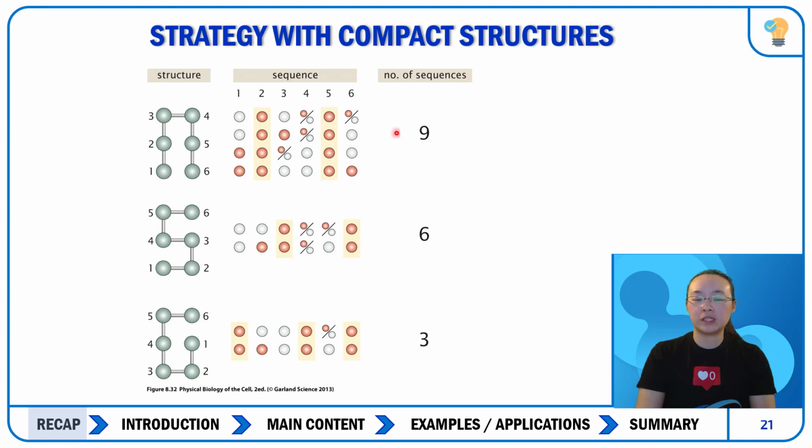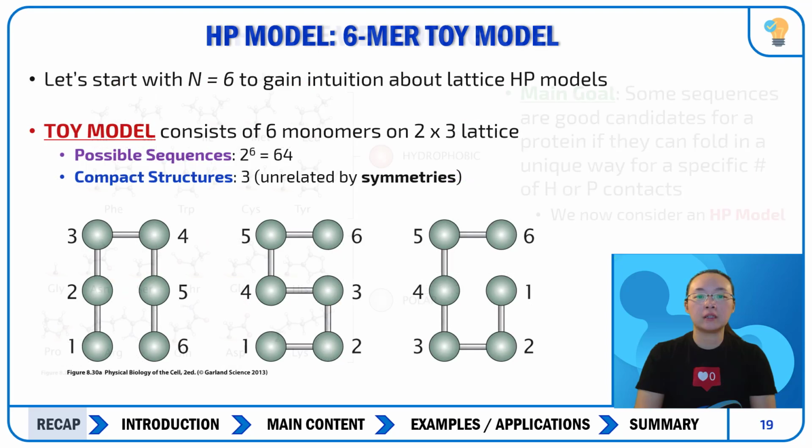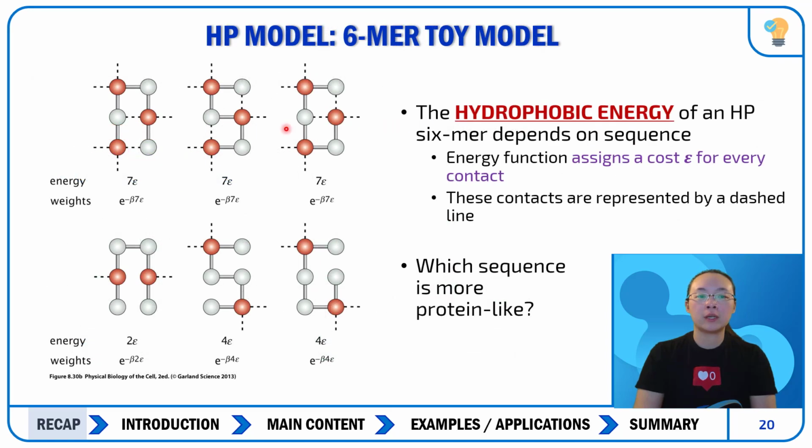We'll be giving you a sequence and trying to get you to evaluate it by tacking on how many energy penalties there are. So for example, if I gave you this sequence at the top, which would be, if you use red for nonpolar and white for polar, you would have nonpolar, polar, so you would have HP, HP, HP. This would be an HP, HP, HP sequence.